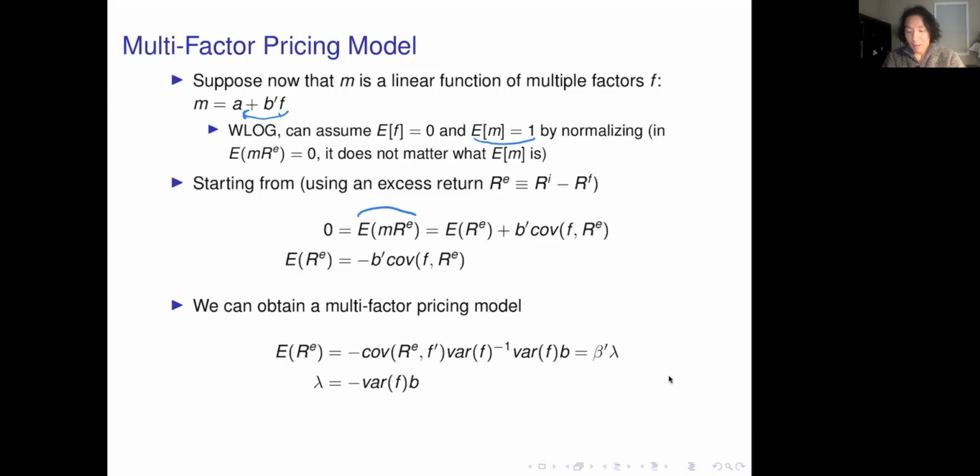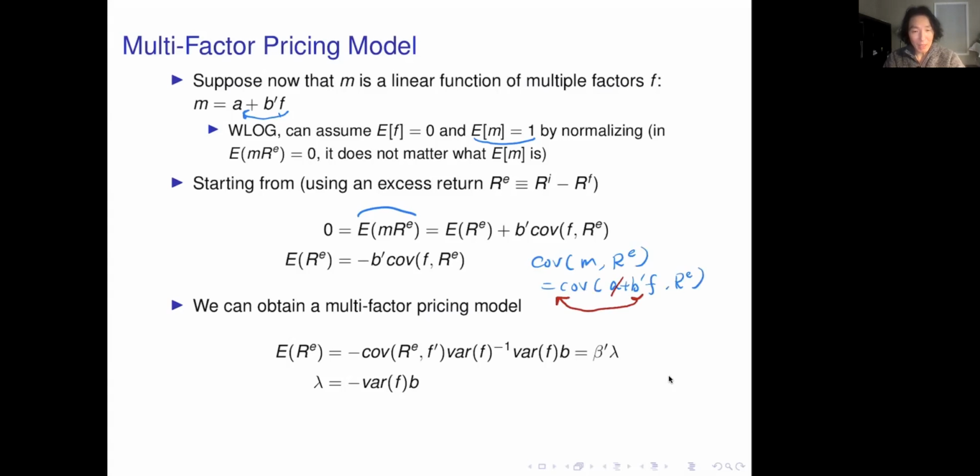Now f is a vector, so originally this, but then m is simply a plus b prime f. And because a is a constant, it is going to disappear. And this other constant term is going to come out of the covariance. And then this is what we get.